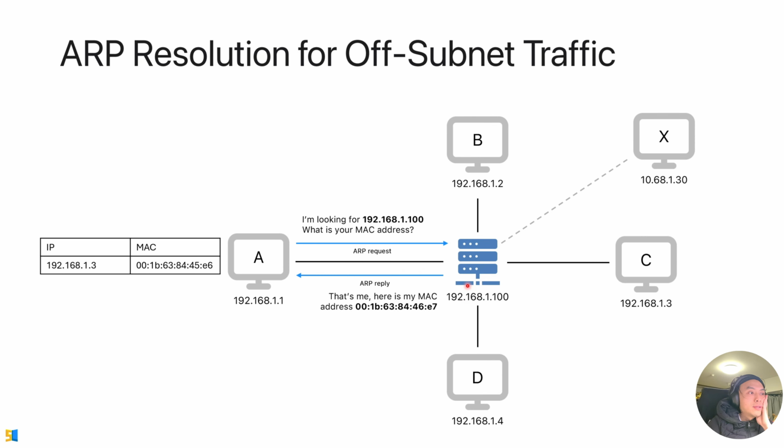So the router will send back the ARP reply: this is my MAC address, you can use it to send the request to me. So now A has the mapping of the gateway with the gateway MAC address. So now A can send data to the MAC address of the router, and the router can forward that data to X or to another router that knows X in the network.